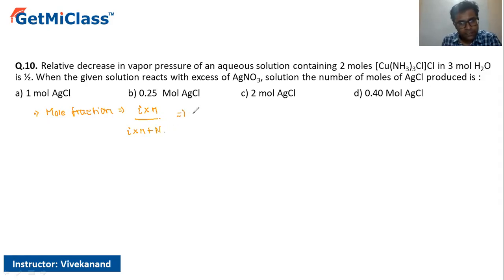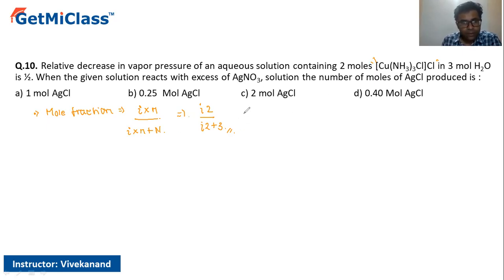So this will give us i into 2 divided by i into 2 plus 3. It is nothing more than the number of moles produced upon the ionization of this compound, so it splits into 2. Therefore we have i2, and n is the 3 moles.